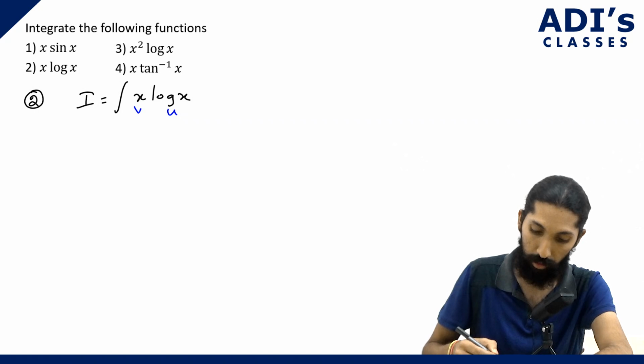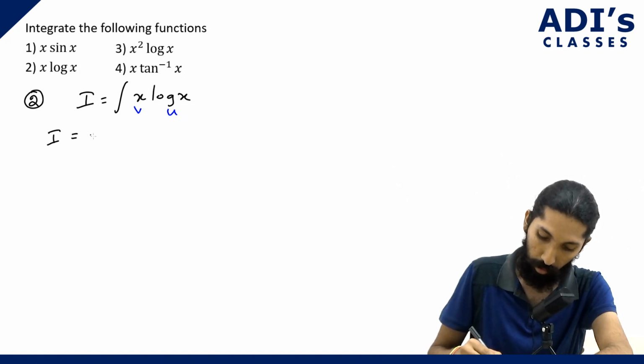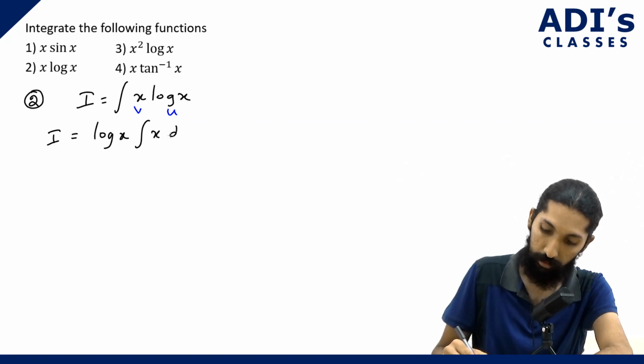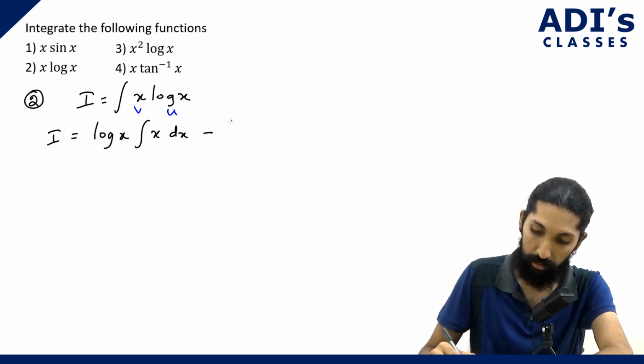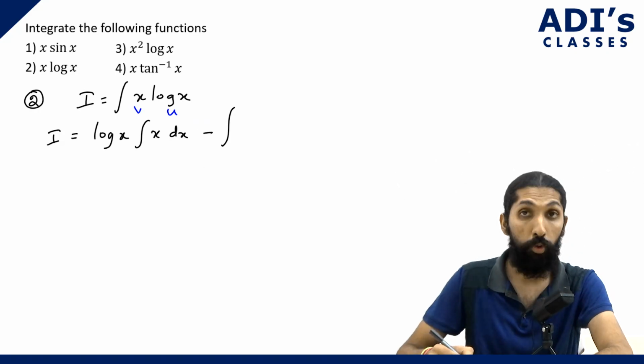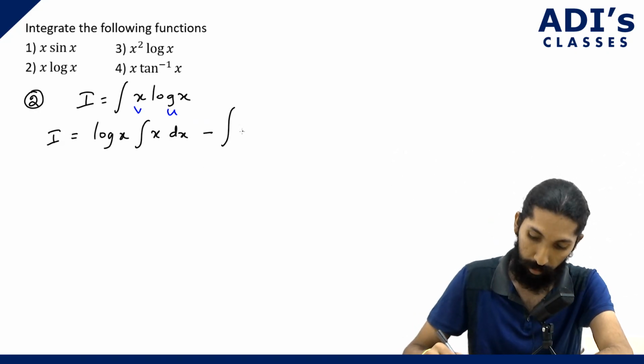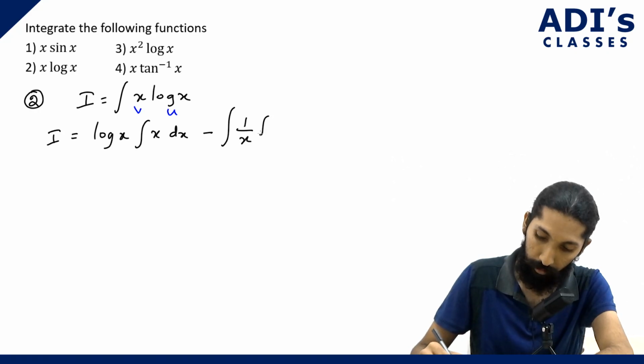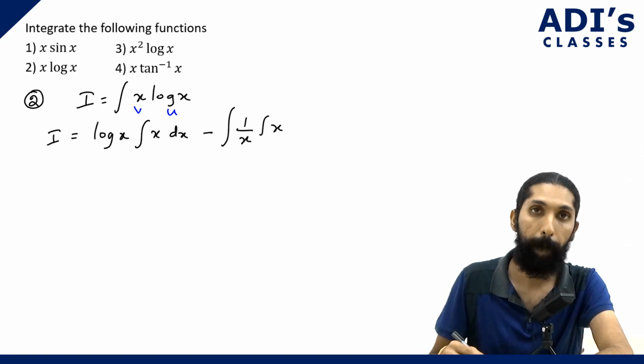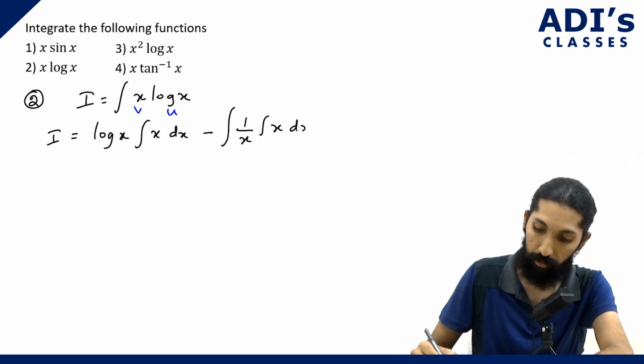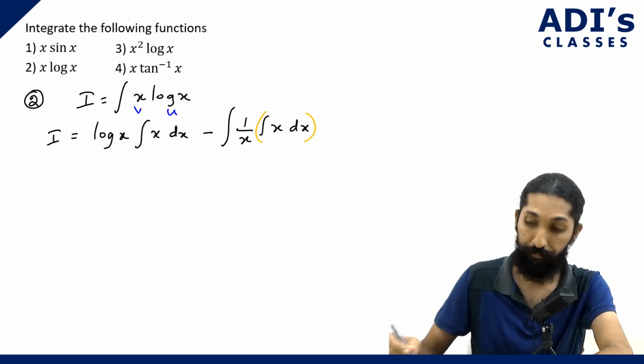So first I is equal to log x into the integral of x dx minus the integral of u dash, that is 1 by x into the integral of x, correct? So dx, you can write it. Remember, this is the second part, right?